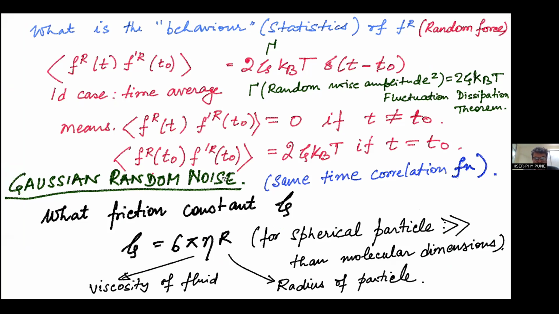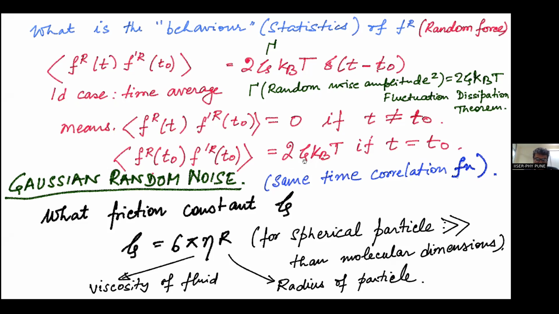If you take the square of it at the same time, whatever the sign, the square is a positive quantity, and its time average comes out to be 2 zeta k_B T.